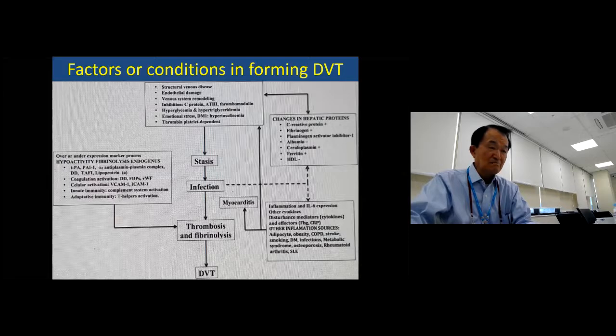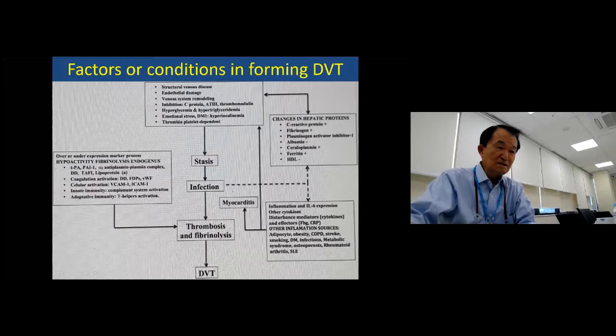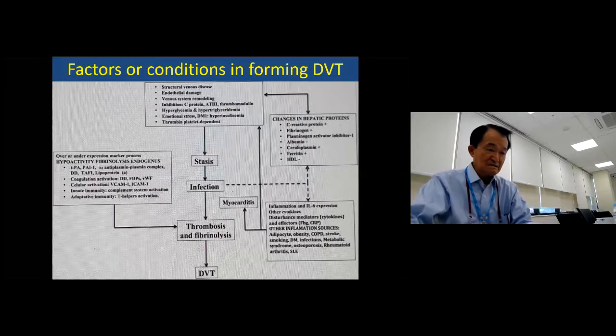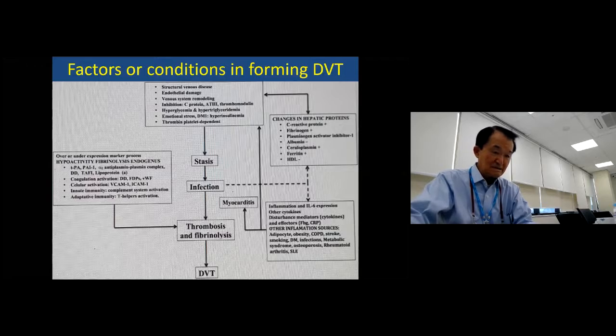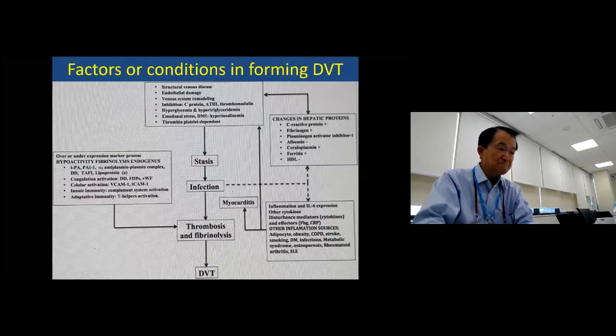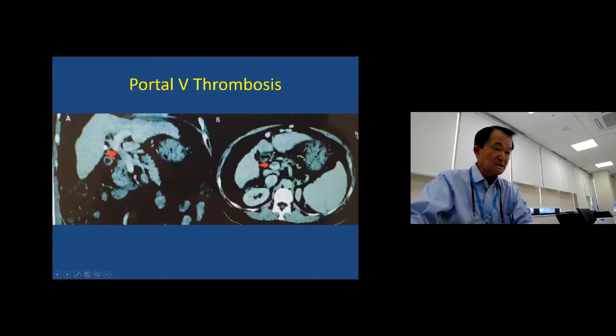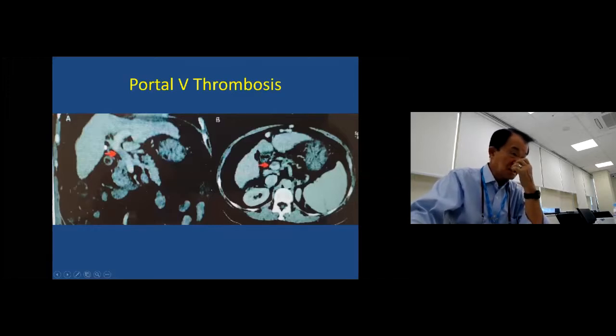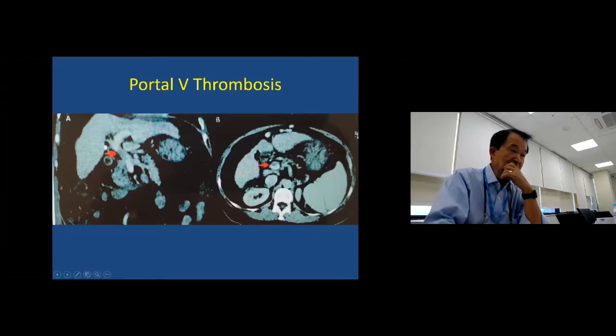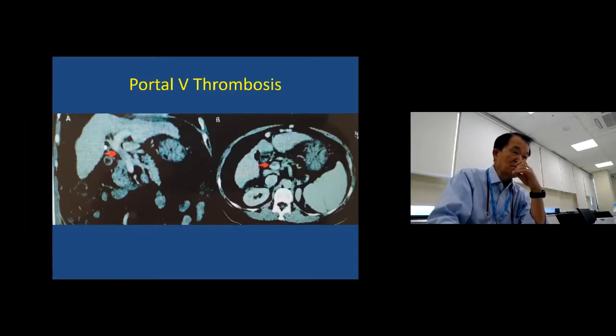The hepatic proteins like C-reactive protein, which we use clinically, fibrinogen, albumin, everything is checked. On the images, on CT you can see contrast going into the portal vein, and there is a filling defect here. So you can easily see portal venous thrombosis.